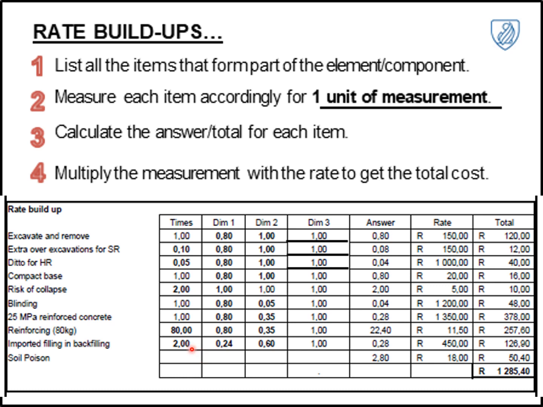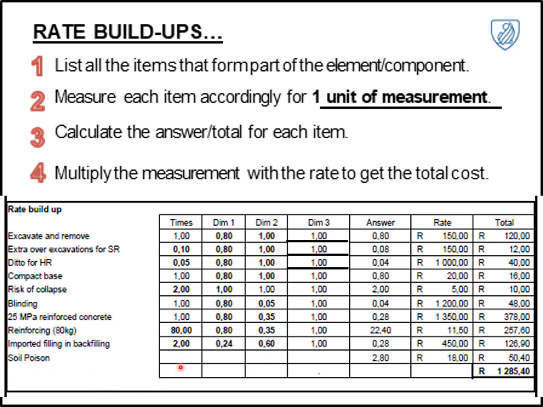Imported backfilling, here you can see we've got two sides on both sides of the brickwork that's measured. So it's 2 times 0.24, which is this on the sides the measurements, and then the height that's left over that needs to be filled, and so forth.